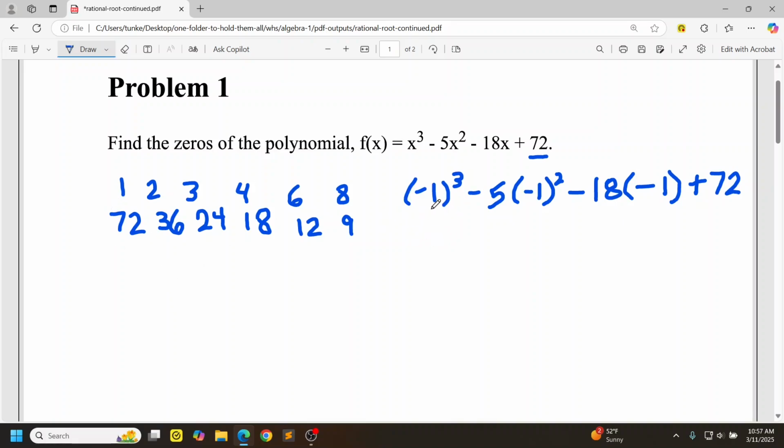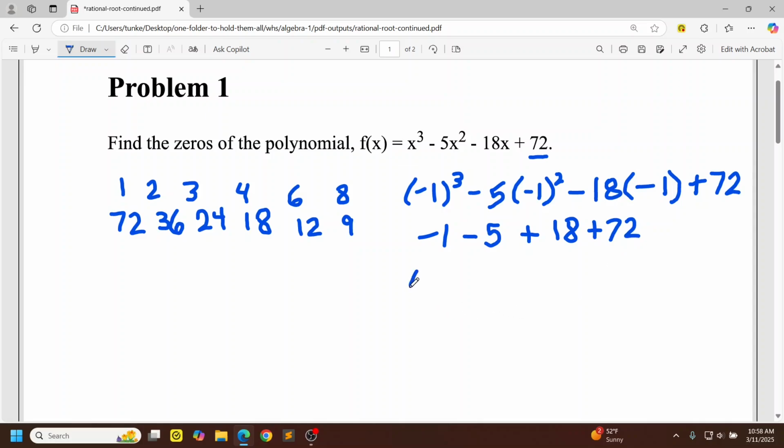So negative 1 cubed is negative 1. Negative 1 squared is 1 times negative 5 is minus 5 here. We have negative times negative, so plus 18 plus 72. So this is not getting me anywhere near 0. So I'm just going to move on to the next number.